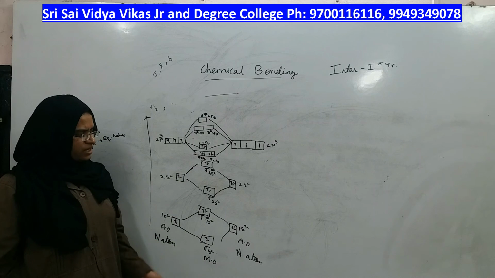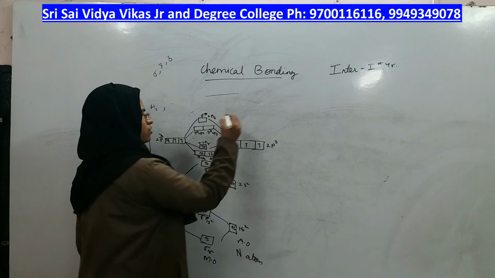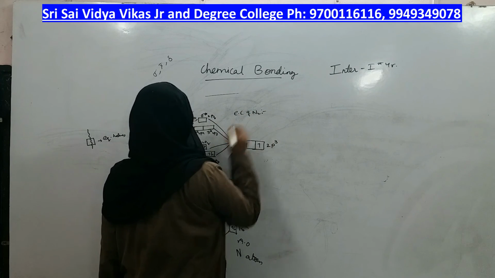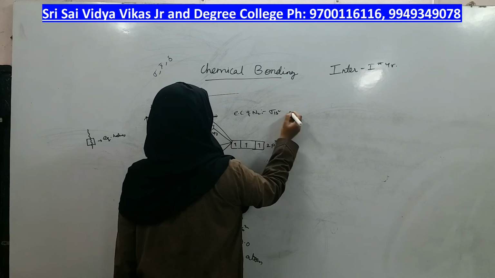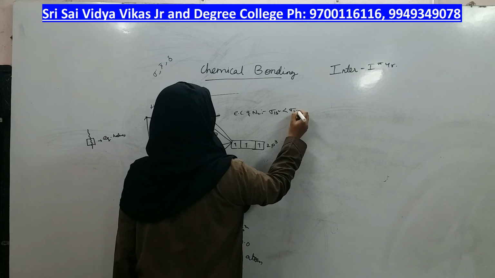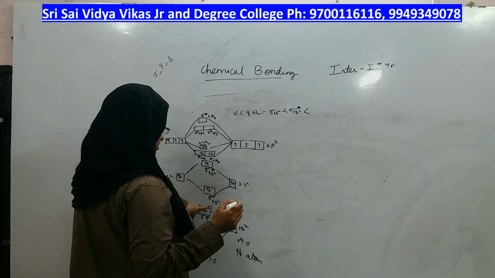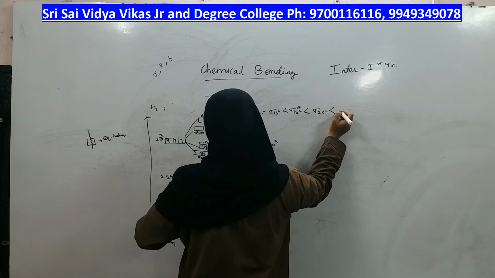Now shall we write the electronic configuration of nitrogen molecule? Let us do so. Electronic configuration of nitrogen molecule, starting from sigma 1s2, sigma star 1s2, then what next? Sigma 2s2, what next?